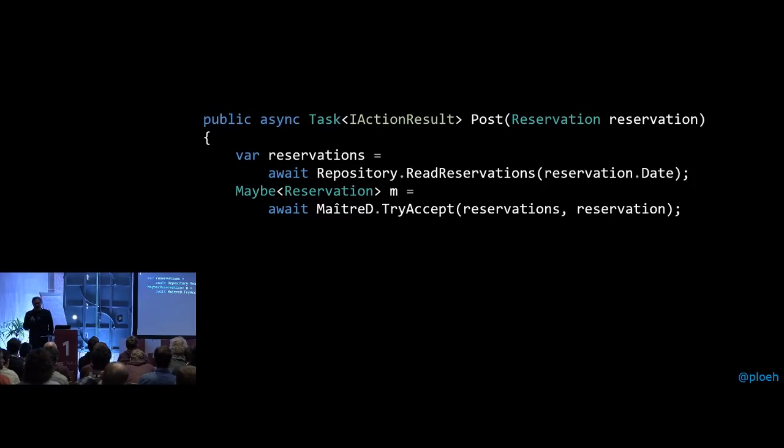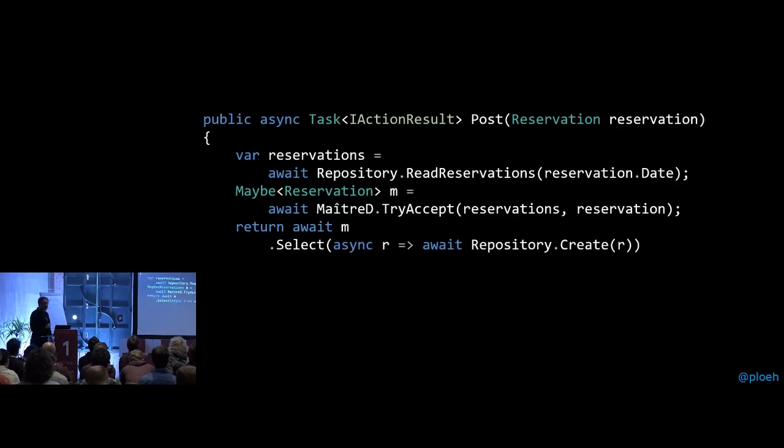And remember that the contract that I have with my HTTP client is that in the case where I return 200 OK, I should return an integer, which is the reservation ID. And right now, I don't have an integer. How do I turn my maybe of reservation into a maybe of int? I call the select method.